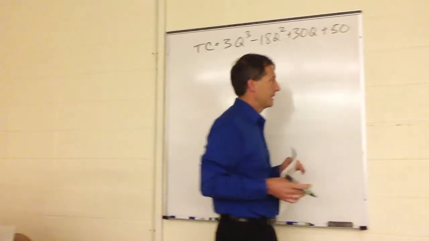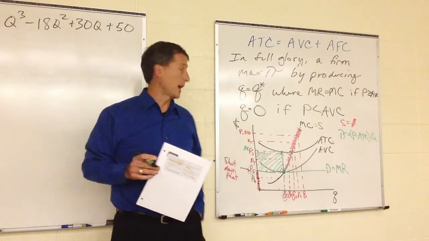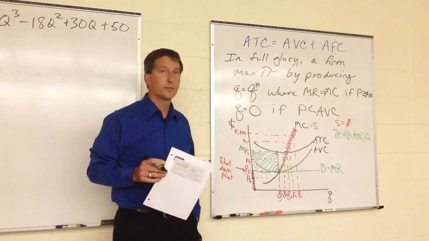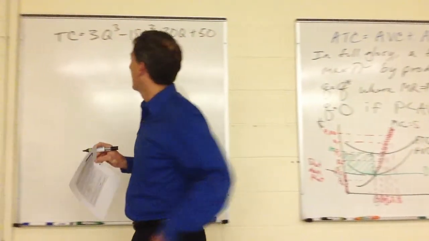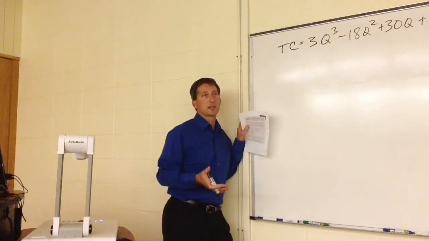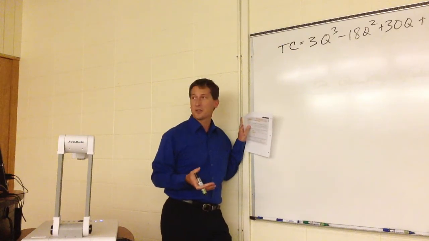What do we really need? Okay, average total cost, is that to find the shutdown point? We need the average variable cost to find the shutdown point. So before we get to the average variable cost, let's look for the total variable cost, right? What's the total variable cost function?